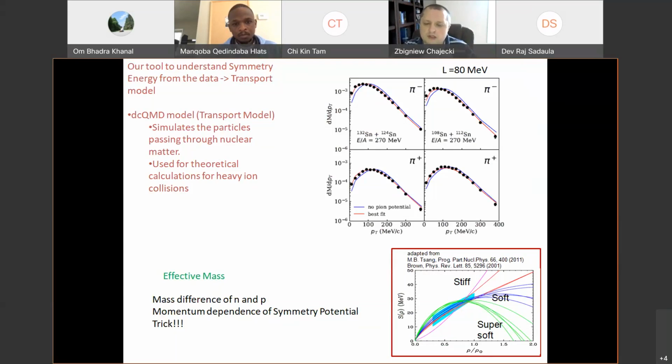So I have the same isotope, that means I have the same number of protons, the same Coulomb basically. I measure negative pions and positive pions for the same system. So I can assume they have the same underlying physics, and the only difference between them is going to be due to the symmetry energy.